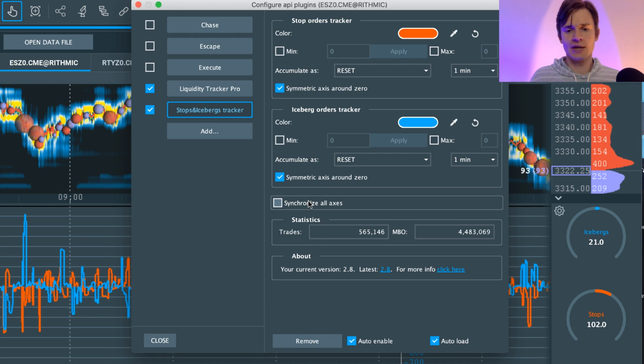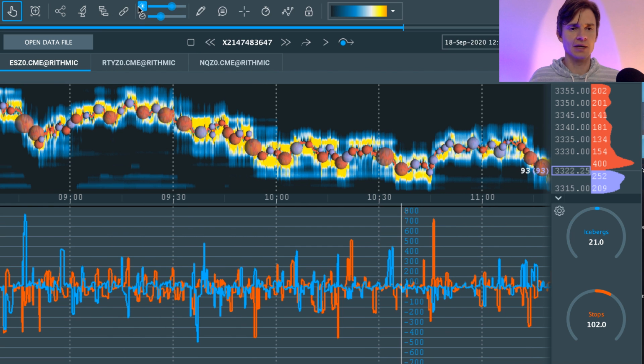Now, the reason I don't pick synchronize all axes is that it starts screwing up the relative size that I'm looking for. Right now, what you're visually seeing is that all of these are about the same size, but if a monster comes in here, they need to fit the monster on the page, so it makes everything else smaller relative to it.